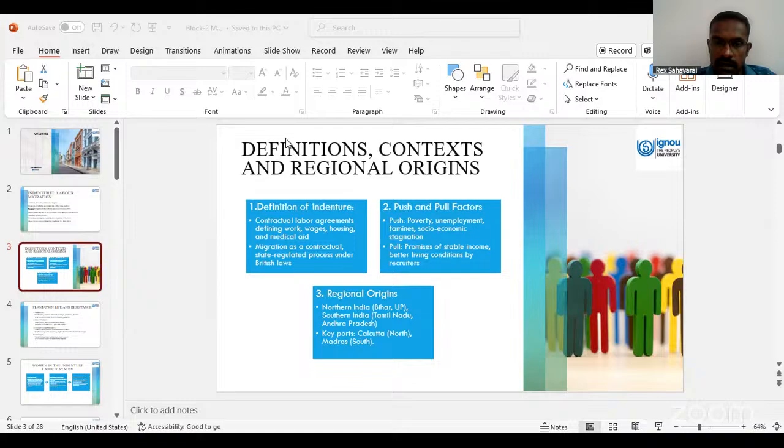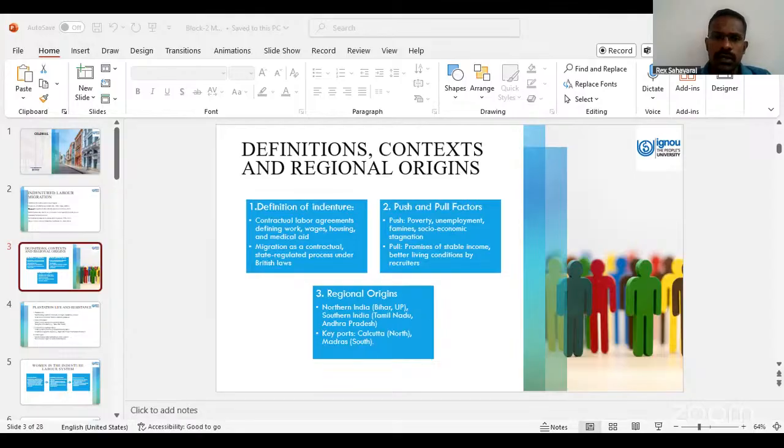and the key ports were Calcutta in the North and Madras in the South, where the larger migration process took place in our country during the British period. So we need to understand this when we talk about the system of indenture in India, right?